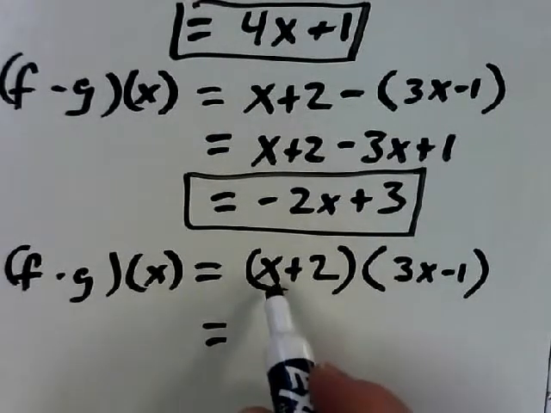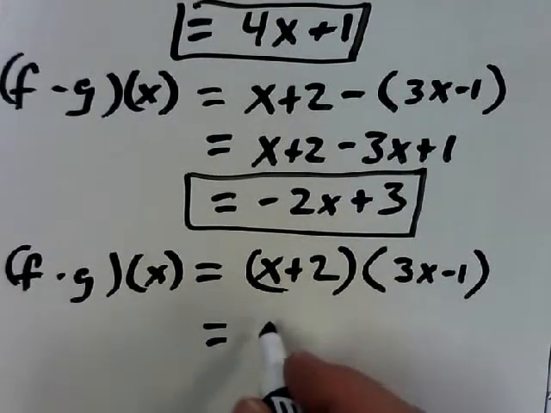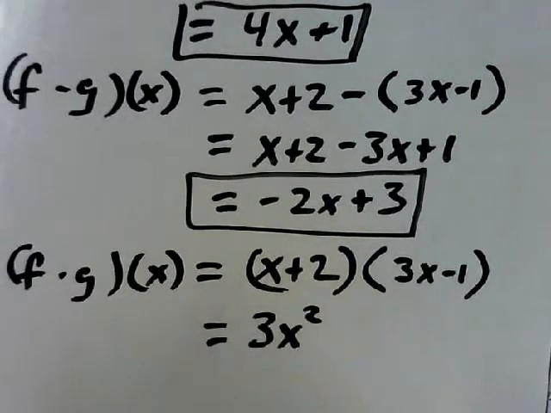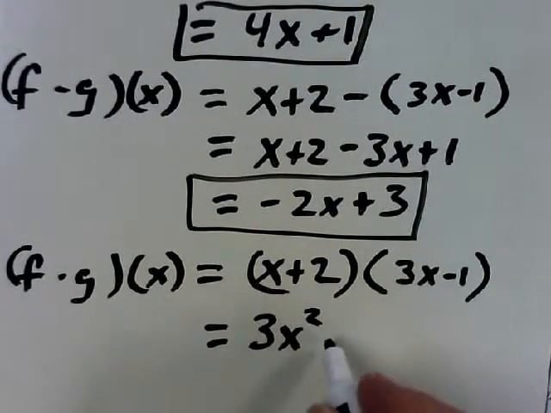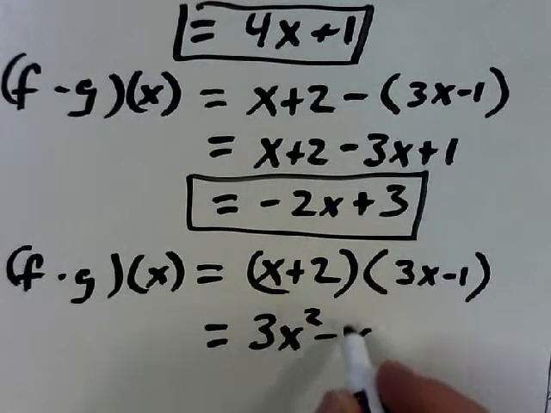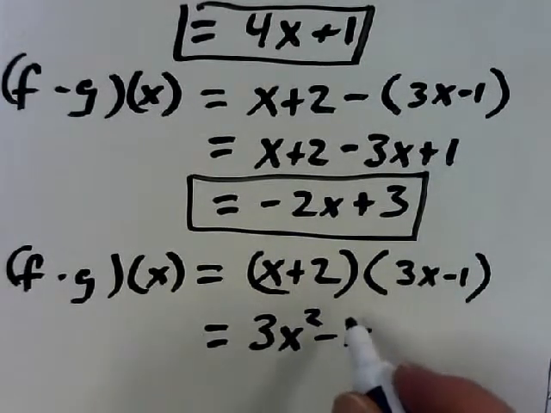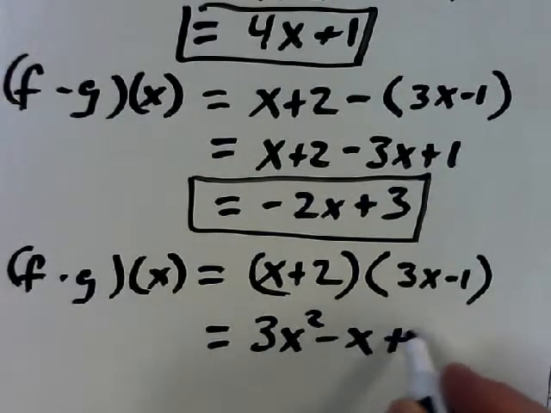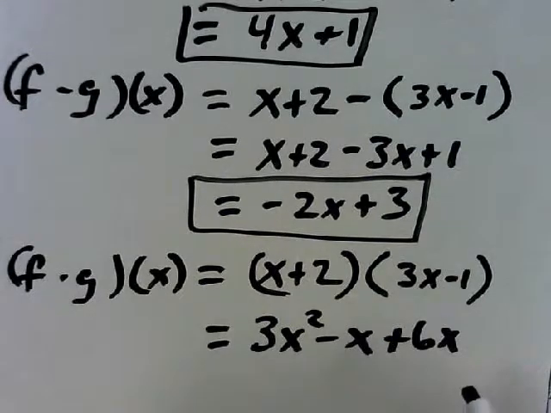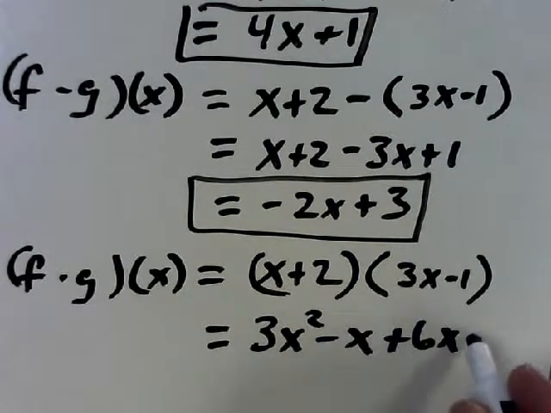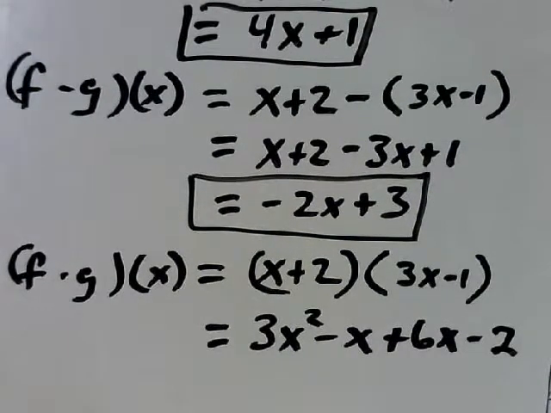I'd take what times what? x times 3x, 3x squared. x times negative 1, negative x. 2 times 3x, which is 6x. And 2 times negative 1, which is negative 2.